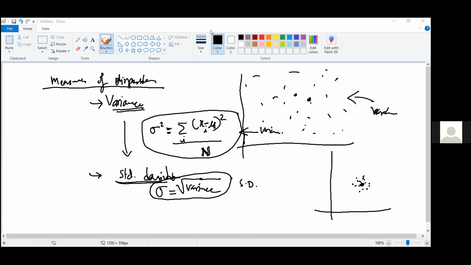That gives us the idea about how spread the data are. Why do we need standard deviation?